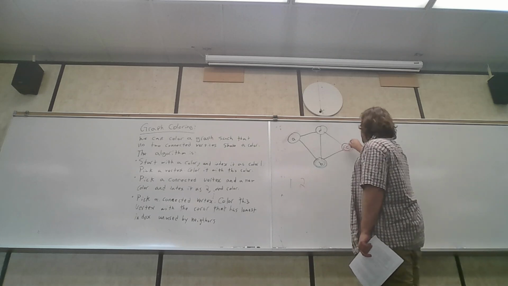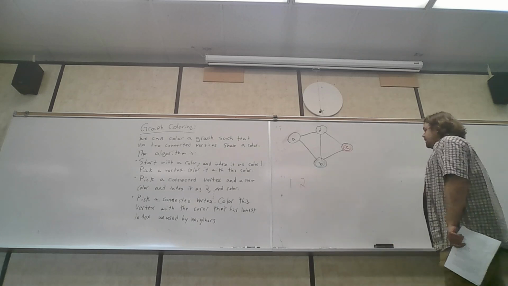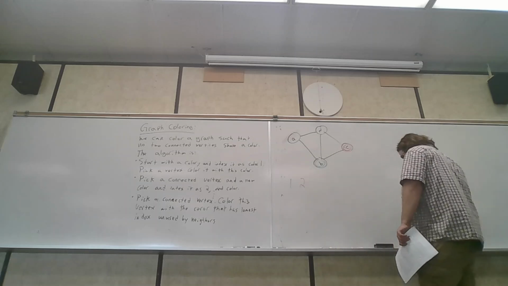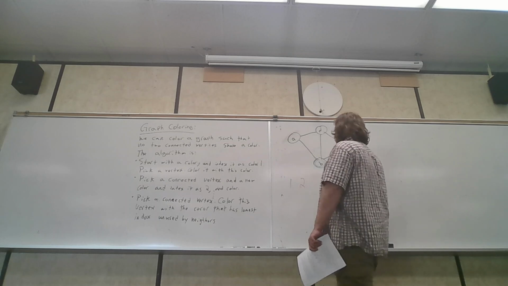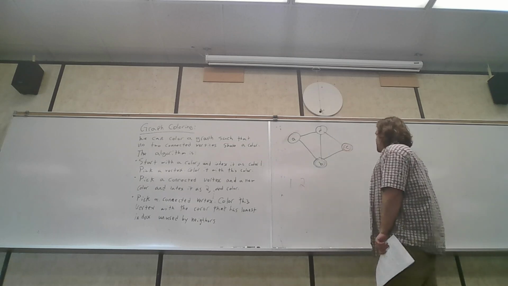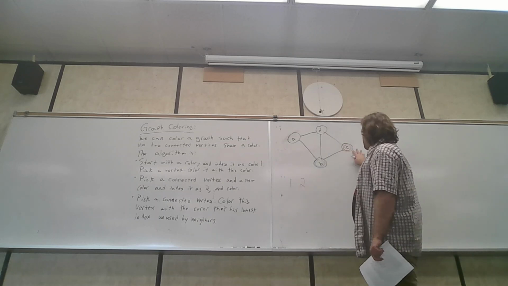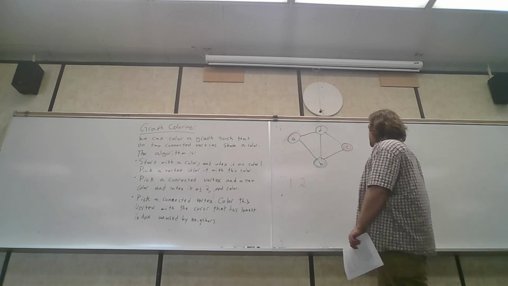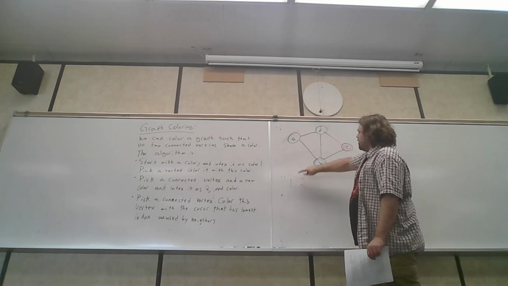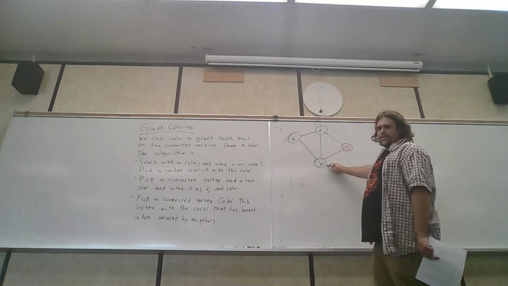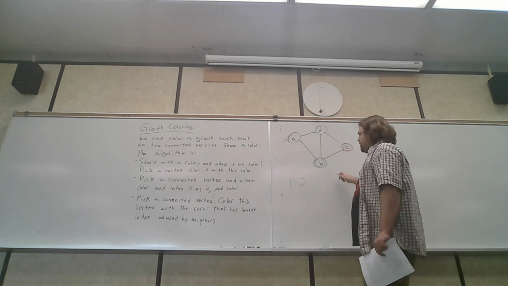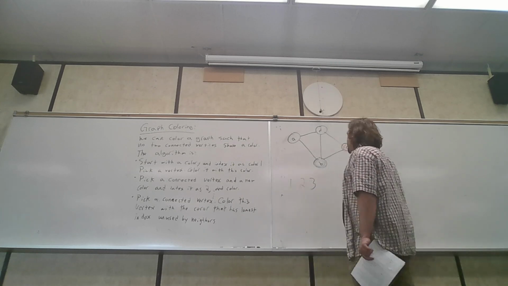Color it in. Now, we have to grab another connected vertex and ask ourselves, okay, pick the lowest color here, and if there isn't one, I need to make a new one. Right, so I look at this and I say, well, can I color it green? No, because this one's green. Can I color it red? No, because this one's red. So, okay, I need a new color then.